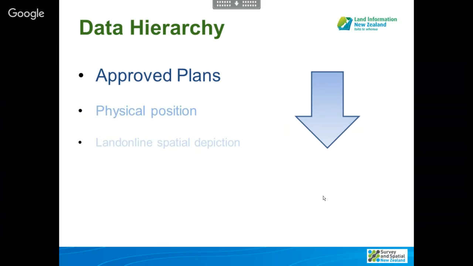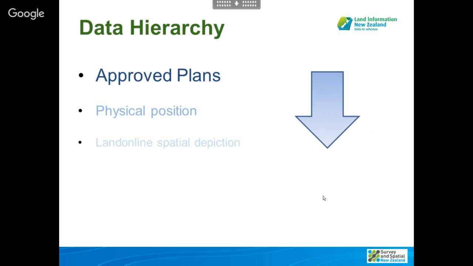So before we get into looking at examples and things, just a bit of guidance around what to look for and what data to use and how to approach water boundaries in Landonline. We've put this little slide in because we really want to get the message across that while Landonline is a representation of the cadastre, it's not always the authoritative record of the correct shape. We always need to go back to the approved plans when any work is being done with irregular boundaries.